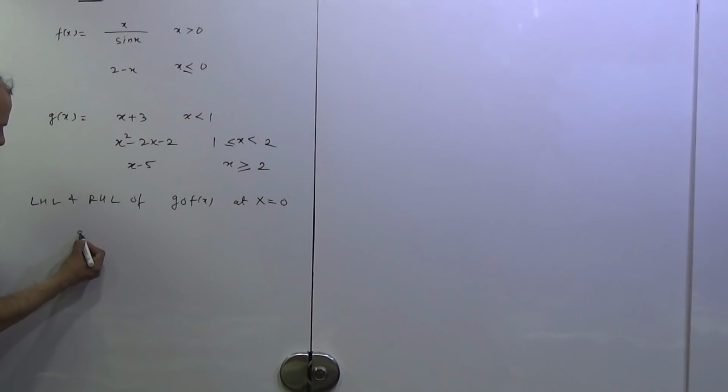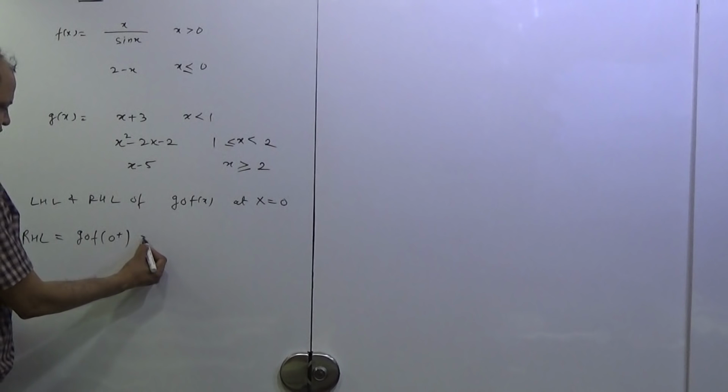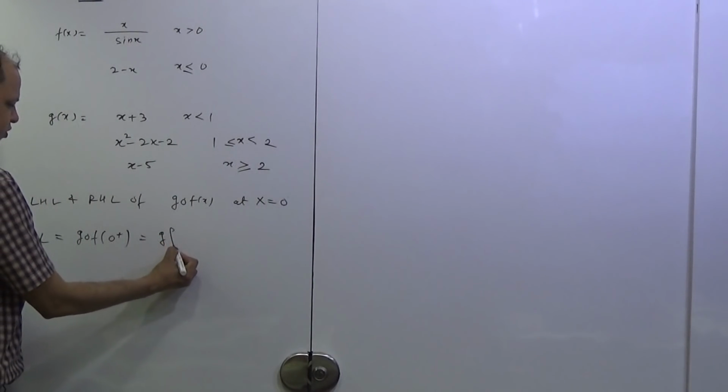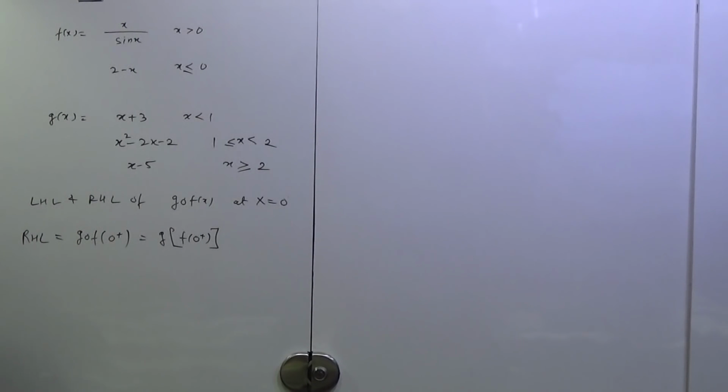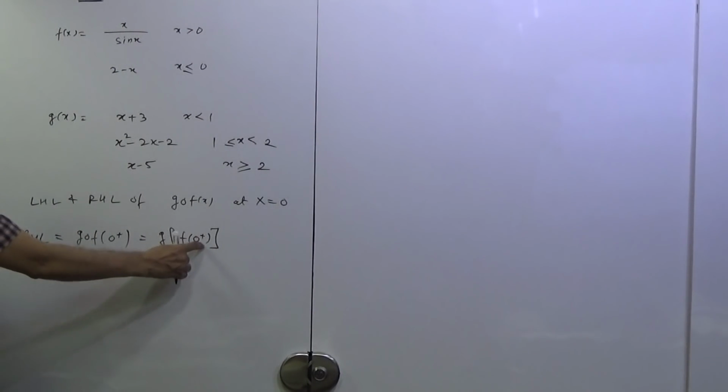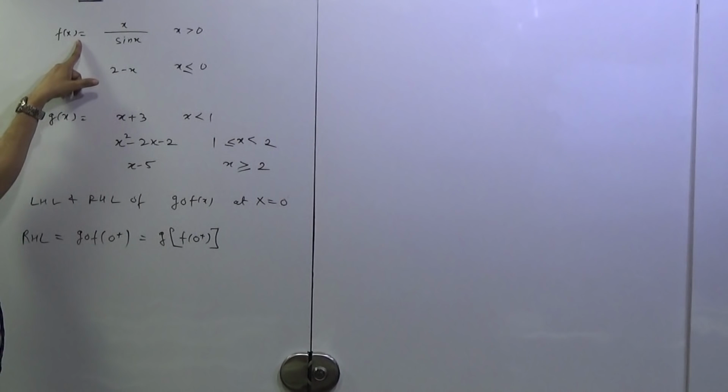I am discussing g of f of 0 plus, means I am discussing the right hand limit. Here g of f of 0 plus is g of f of 0 plus, notation wise. Now I want to know what is f of 0 plus, means I have to discuss the part over here.